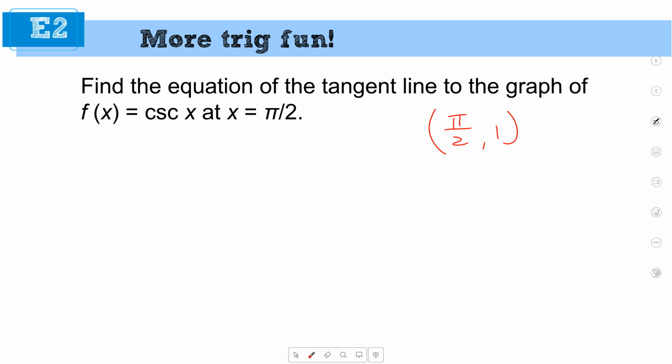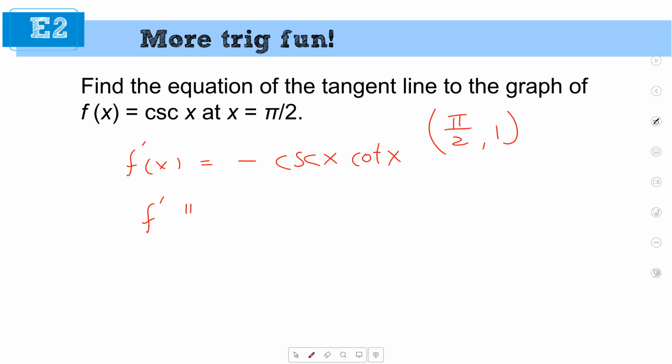How do I find the slope? Derivative. F prime of x is negative. What's the derivative of cosecant? Cosecant x, cotangent x.